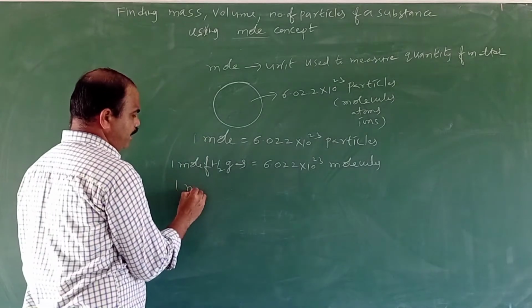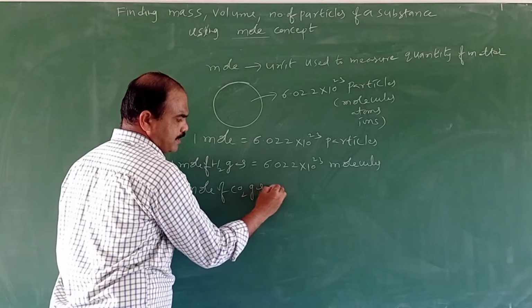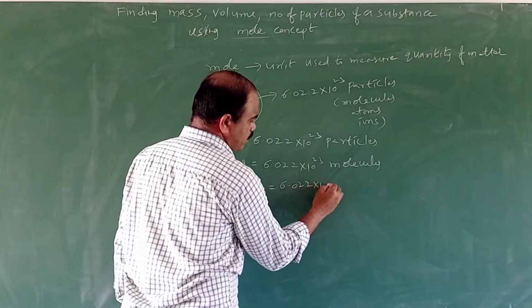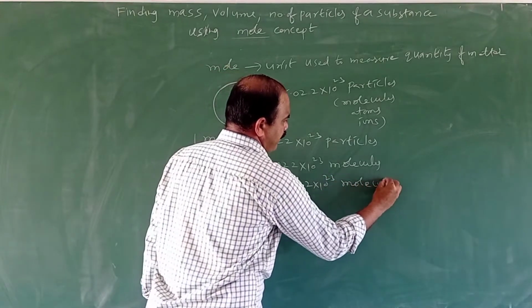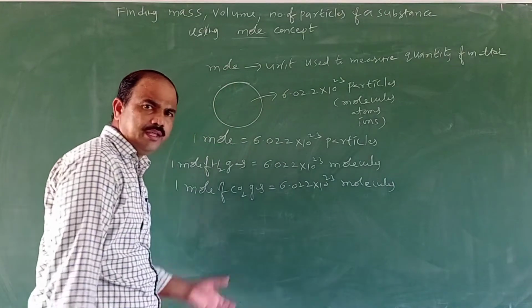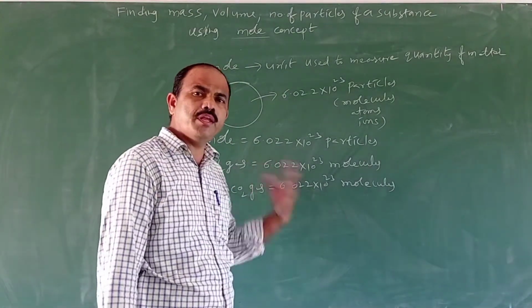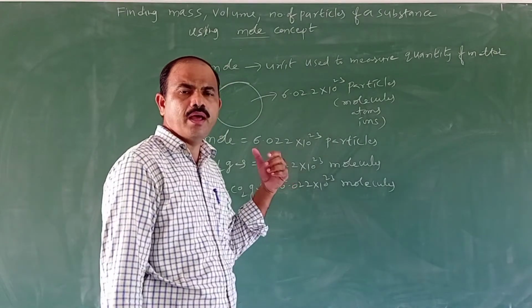In the same way, 1 mole of carbon dioxide gas also contains 6.022 × 10^23 molecules. Any substance of 1 mole contains this number of particles, molecules or ions.